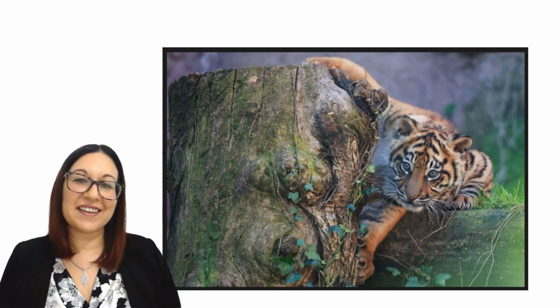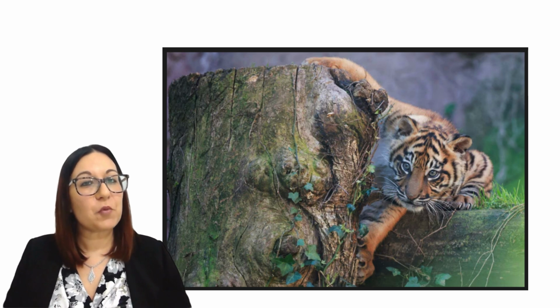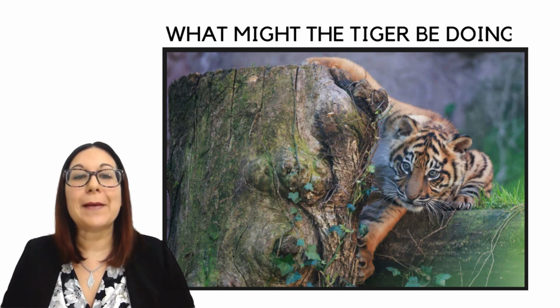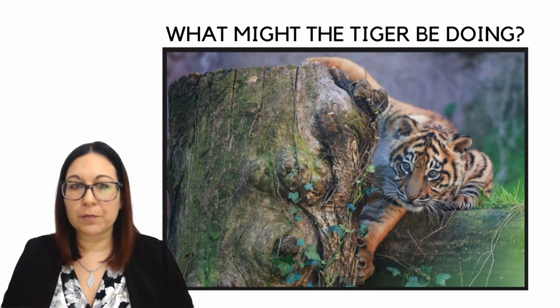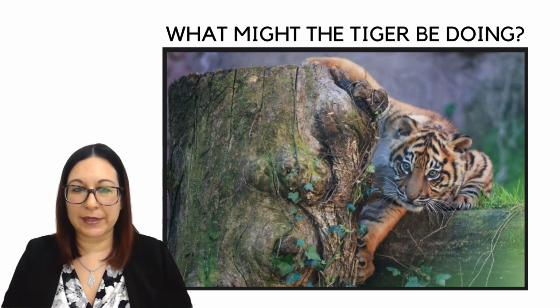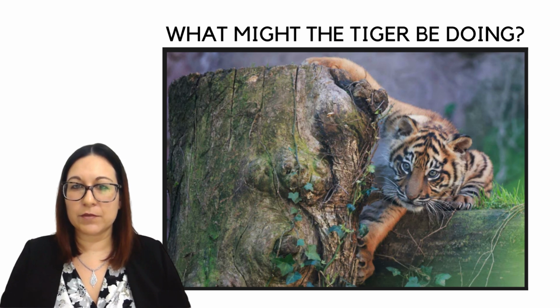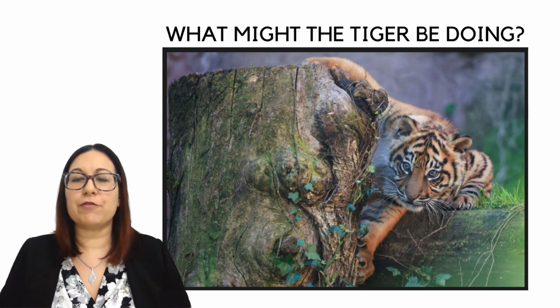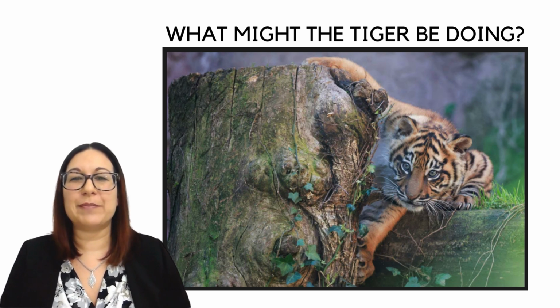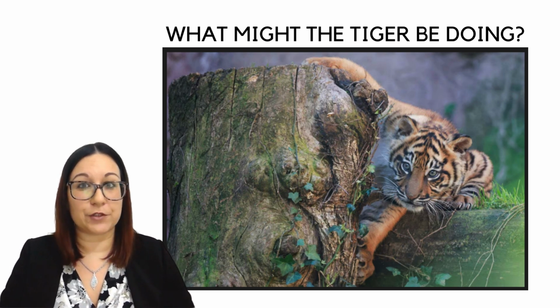Another question asking you to take a guess and think about possibility. And this question is, what might the tiger be doing? Take a minute, think about this. Don't use the same verbs as before. So sitting, crouching, peering, we've already mentioned that. Now, think about something different.